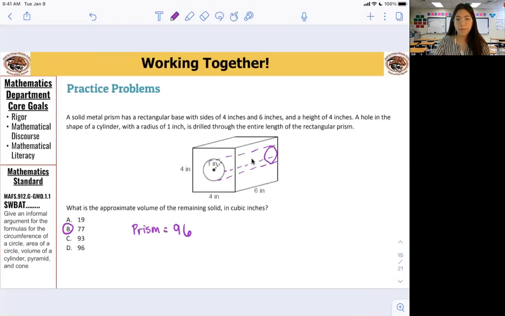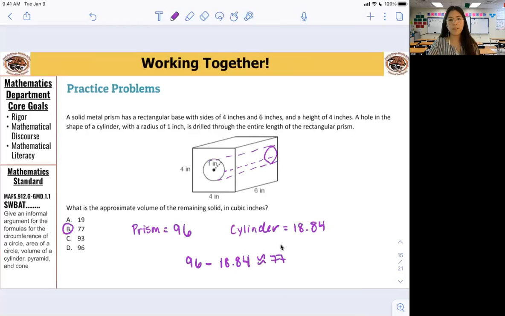So you have to find the volume of that. And that was 18.84. So then you have to subtract because you're taking that part out. So it's 96 minus 18.84, and that gives you about 77. So does that make sense? Did anyone have any trouble or questions with that?